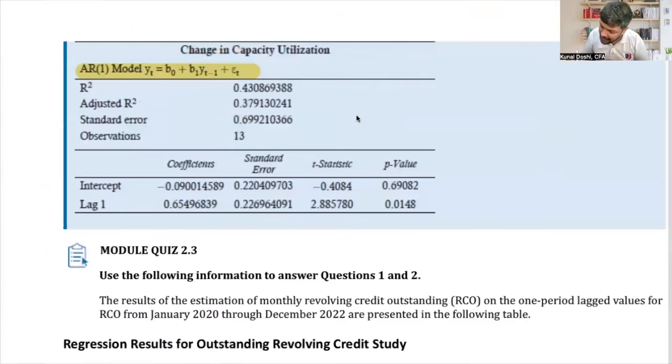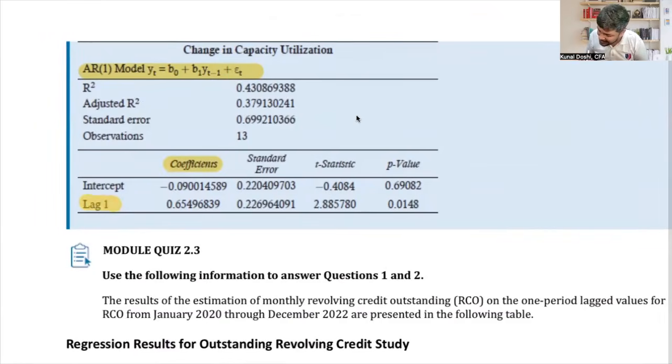So if we look at the R square, adjusted R square, standard error, observations, here are the coefficients, and the lag coefficient is this. And we look at the p-value. If I reject the null, remember what was the null here? I will write down the null and the alternate.